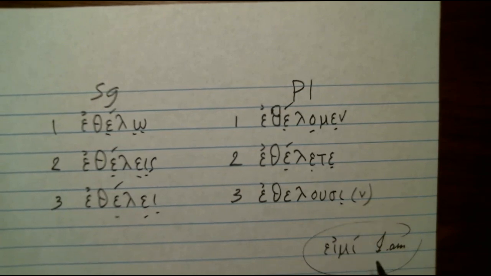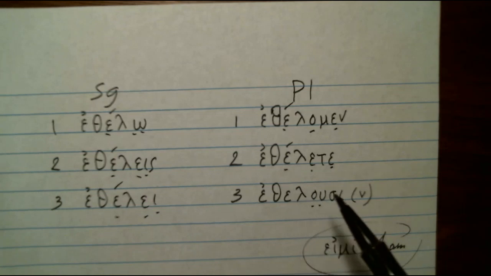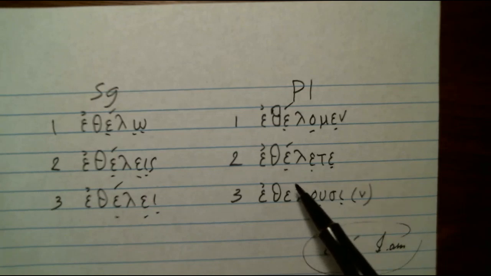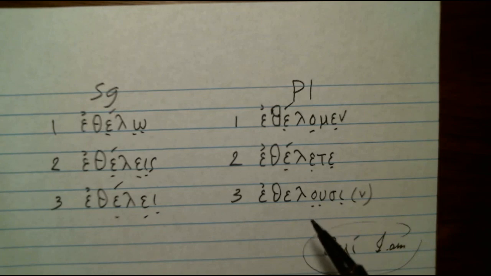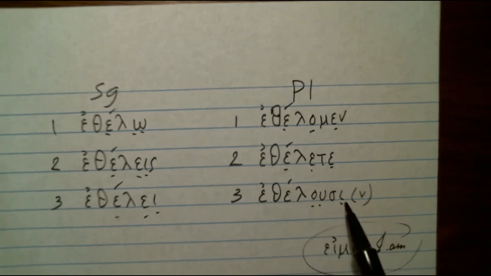We have 1 more, okay? Now, technically this omicron upsilon is a diphthong, it's long, so you have 2 mores there, right? And this is where it's kind of weird, but we're still going to treat that as just 1 syllable, 1 unit, right? So real language is not regular, but we can make generalizations, rules of thumb to guide us through the learning process. So we're going to accent ethelusi there because of that short iota on the end, right?